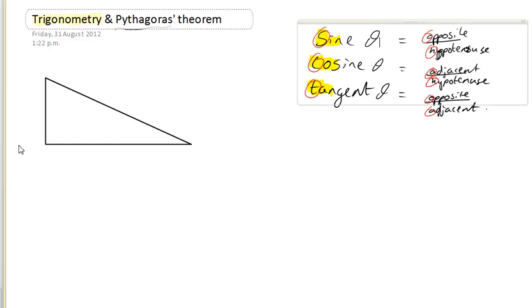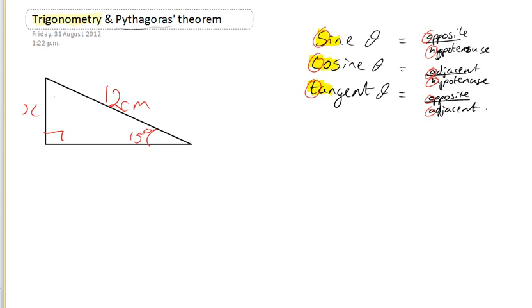Here's my right angle triangle. I'm going to draw in an angle. I'm going to have that angle as 15 degrees, and I'm going to say that this side is 12 centimeters, and I want to know the length of that side.